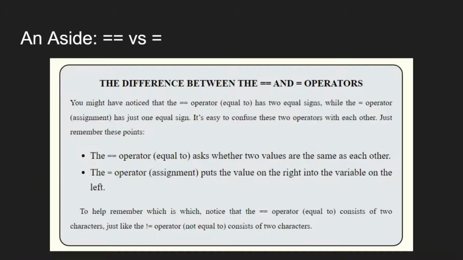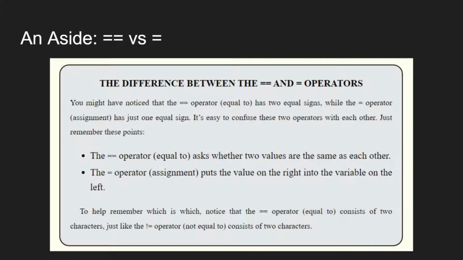You probably noticed that we're using double equals instead of single equals. The double equal operator has two equal signs, while the single equal operator, which is the assignment operator, has just one equal sign. It's really easy to confuse these two operators with each other. Just remember these points.